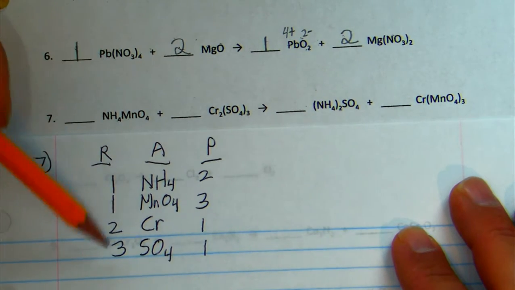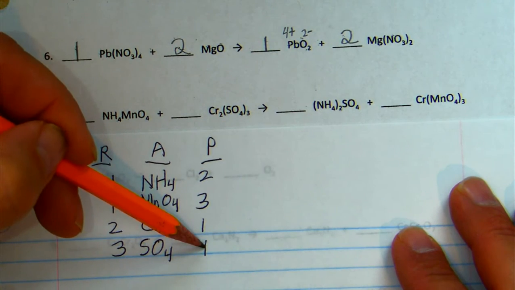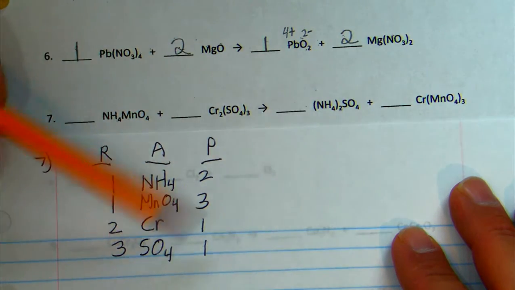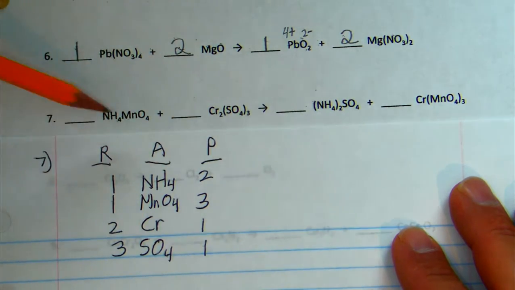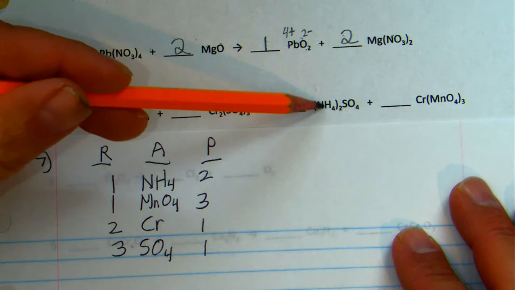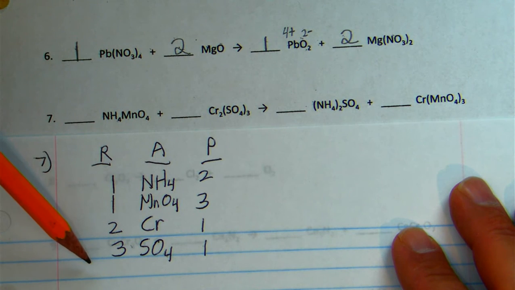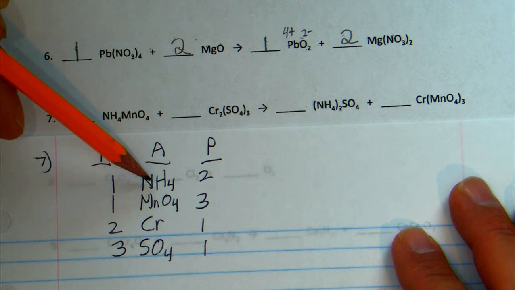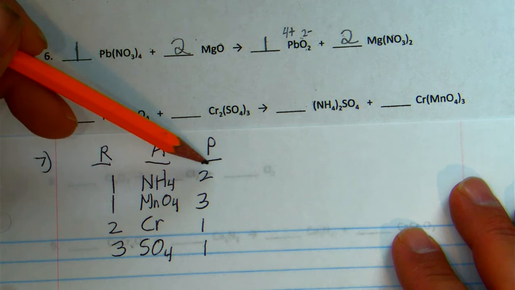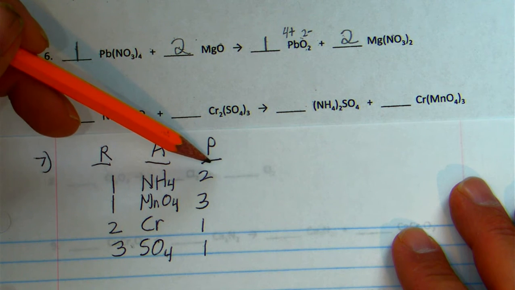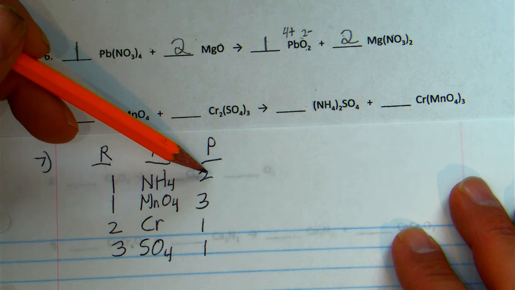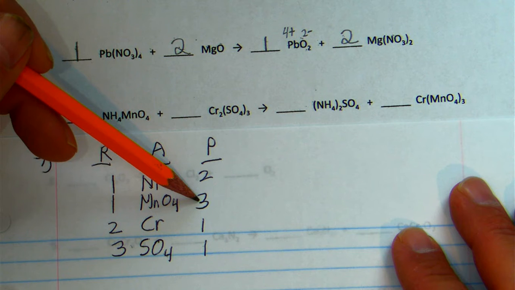Thinking about it, I'm going to want to end up with 3 sulfates on the right for every 1 on the left. The ammoniums go by 2s on the right. The permanganates go by 3s on the right.